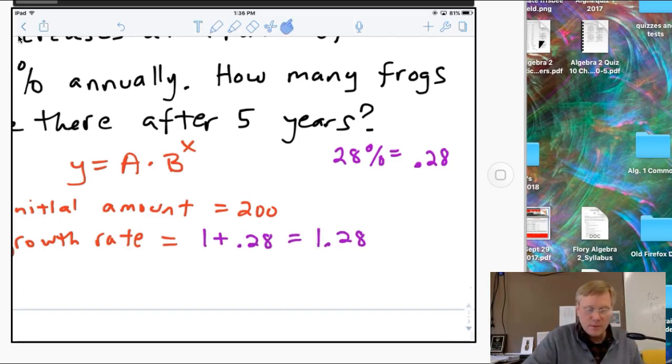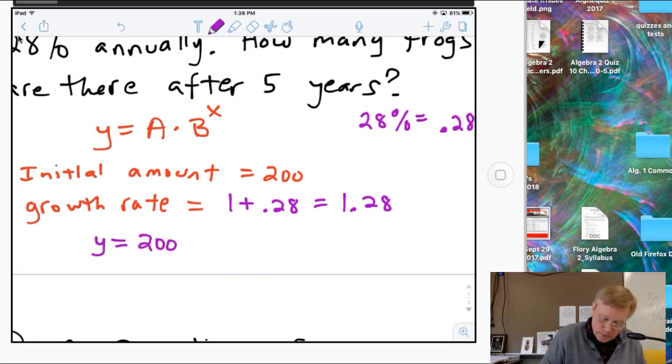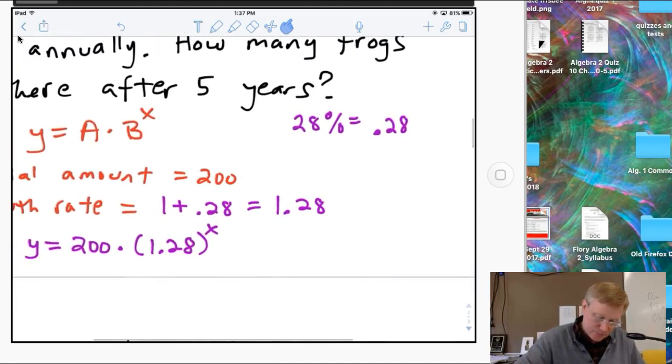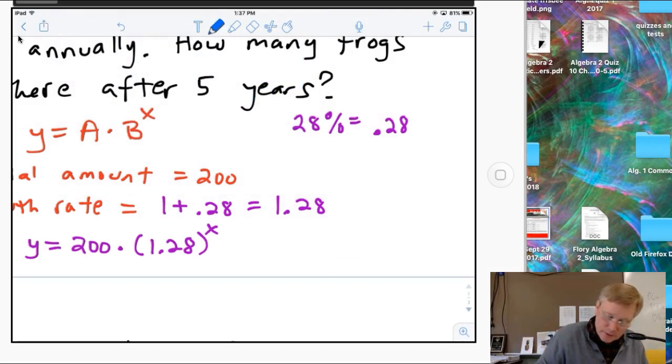All right, you're either going to be adding to 1 or subtracting from 1, which means my equation is going to be y equals 200 times 1.28 to the x. And the x is going to be the number of years, which means I'm going to plug in 5 because that's the amount of time right here, 5 years.